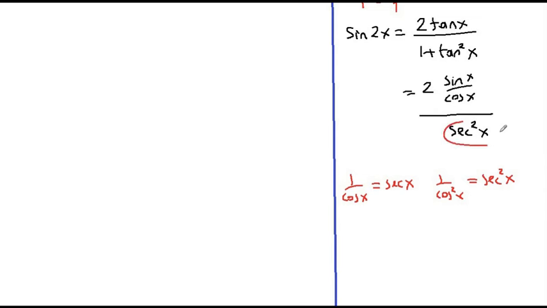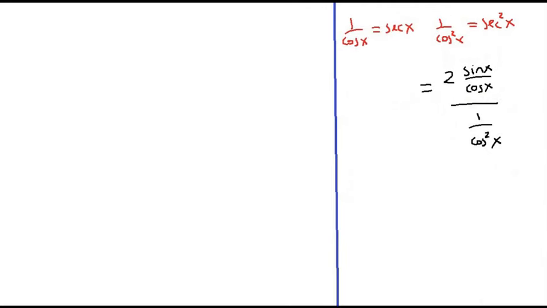So we're going to replace this with 1 over cosine squared of x. Now what we have is 2 sine x over cosine x over, instead of secant squared of x, 1 over cosine squared of x. Now we have a complex fraction here that we can simplify.